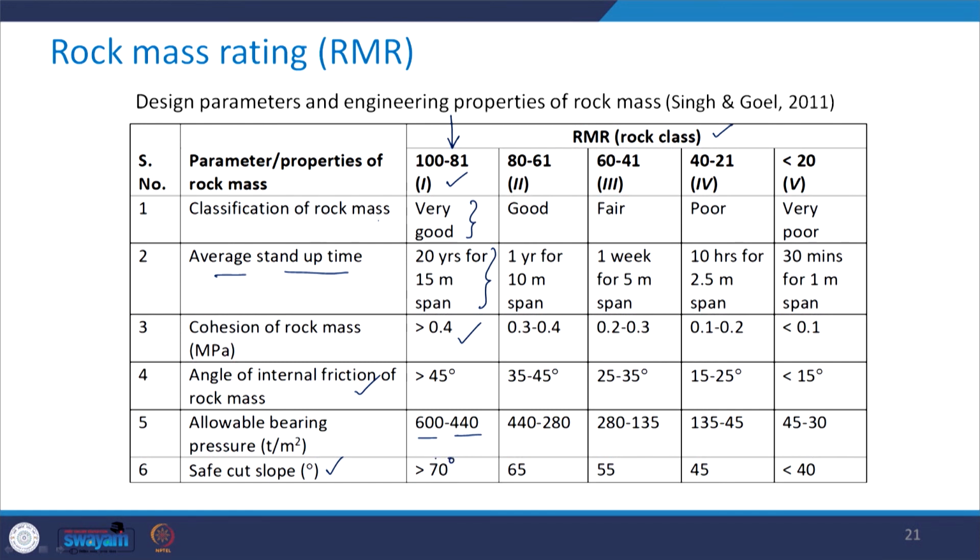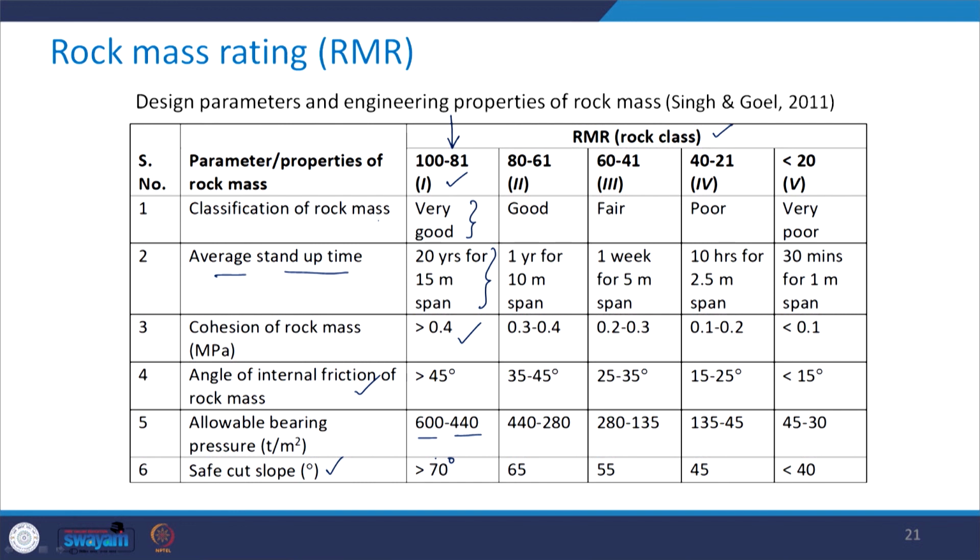Similarly, once you obtain the value of RMR, you can choose what is the classification of the rock mass, and then choose the representative parameters such as average stand up time, shear strength parameters, allowable bearing pressure and safe cut slope with reference to that value of RMR.